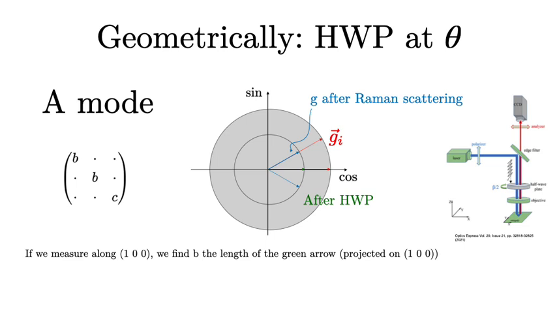Now, if we were to measure this along the y-axis, so on 0, 1, 0, so GS equals 0, 1, 0, in this case, the projection of the green vector on 0, 1, 0 is 0. We don't see anything. So you see, the first case would be a parallel configuration, since the initial polarization is the same as the final polarization, while the other one would be a cross polarization.